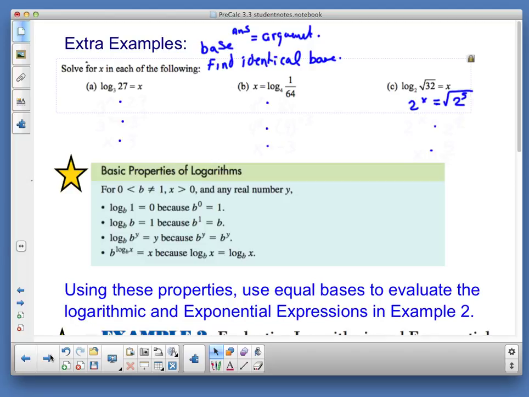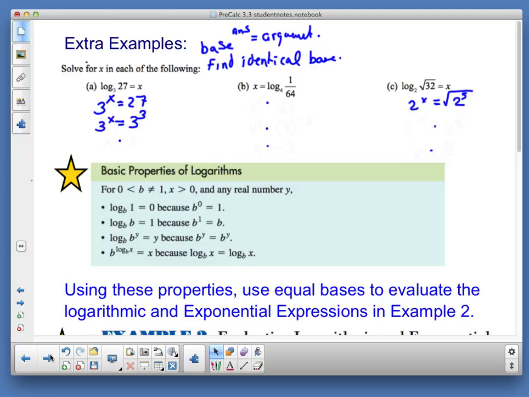You're finding identical bases. The purpose of this is to start recognizing that I am going to write it in an identical base. So 27 expressed as powers of 3. 3 to what power is 27? 3 to the third power is 27.